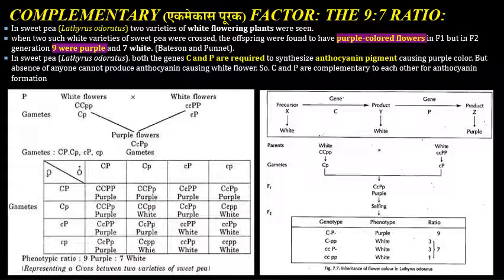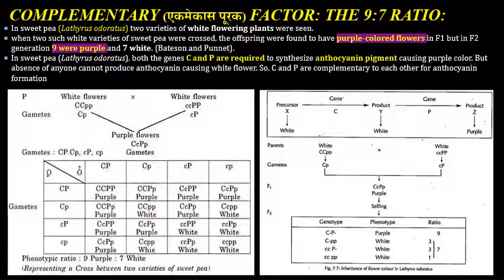When two such white varieties of sweet pea were crossed, the offspring were found to have purple colored flowers in the F1, but the F2 generation shows 9 individuals of purple flowered plants and 7 individuals of white flowered plants, according to Bateson and Punnett.